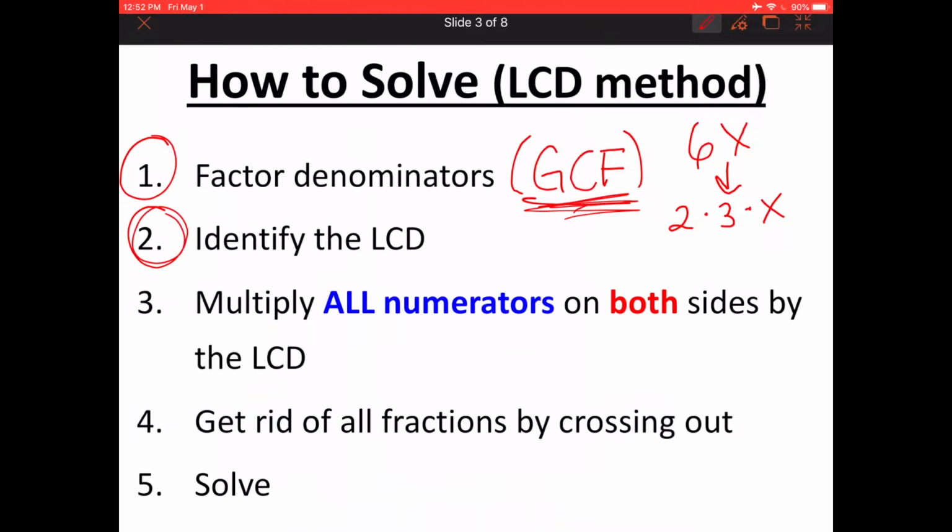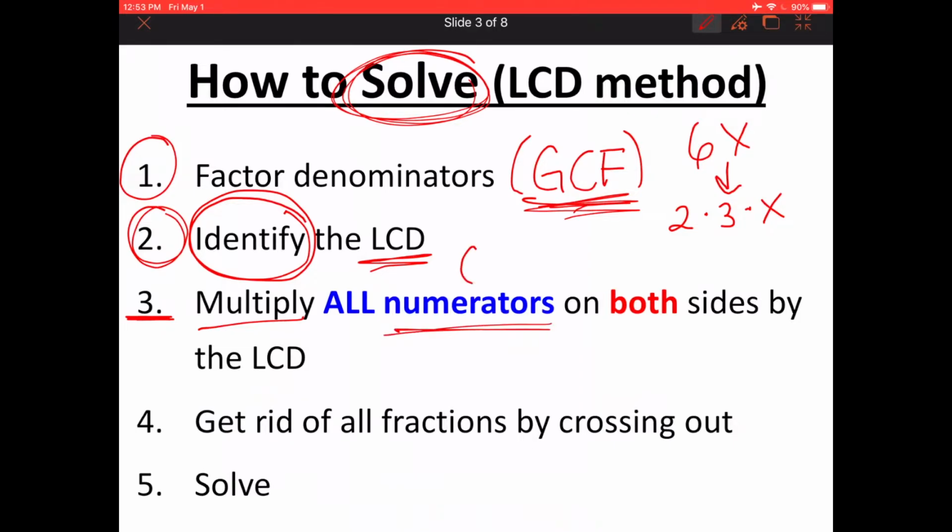After we factor the denominators, we identify the least common denominator. So you tell me what that is. But notice here when we are solving, step 3 is what's different. Okay? You do not want all the denominators the same. So we just identify the LCD, but then you multiply the numerators.